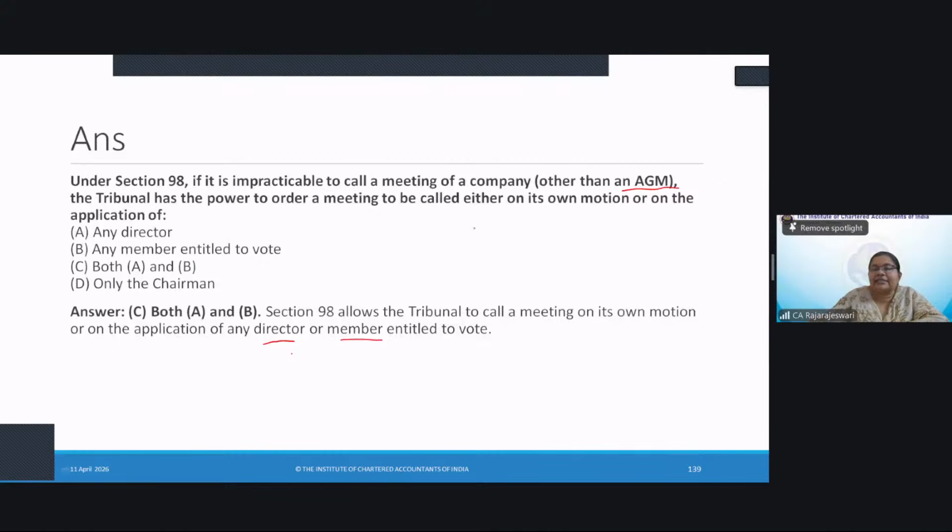So if it is an AGM, members can make an application. Any member can make an application. If it is other than AGM, the application can be made by a director or member entitled to vote, or by the tribunal suo motu on its own.